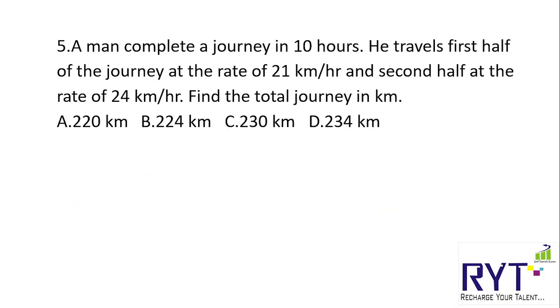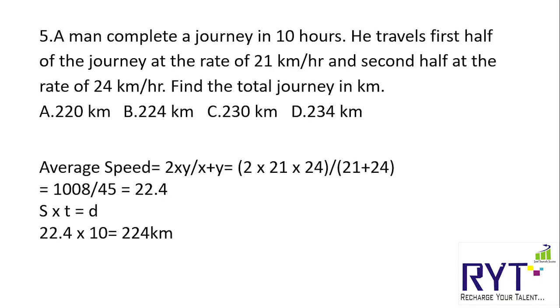Let us do the next one. A man completes a journey in 10 hours. He travels first half of the journey at the rate of 21 kilometer per hour and second half at 14 kilometer per hour. Here we have to use the average speed formula. So average speed, what is the formula? 2xy divided by x plus y.